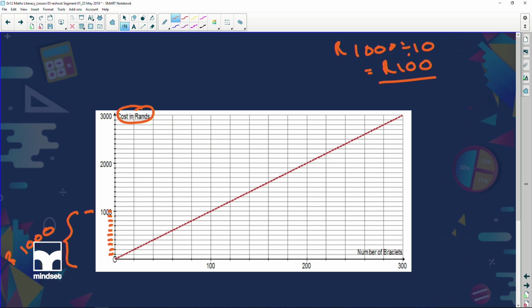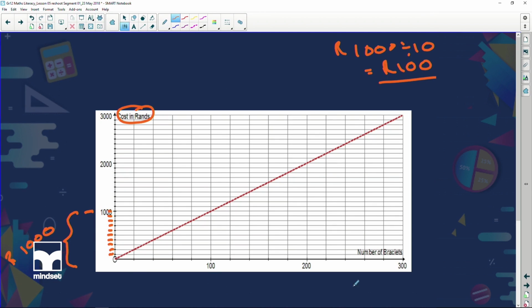In other words, every little block represents 100 Rand. You see how we did that? So we got the figure that was given to us, which was 1,000. We counted how many little blocks there were, which we got 10. We said 1,000 Rand divided by 10, which is 100. So each little block, therefore, represents 100 Rand.